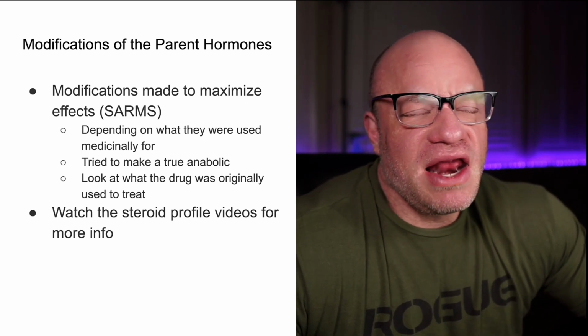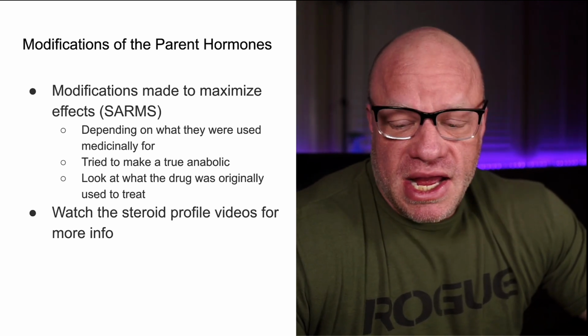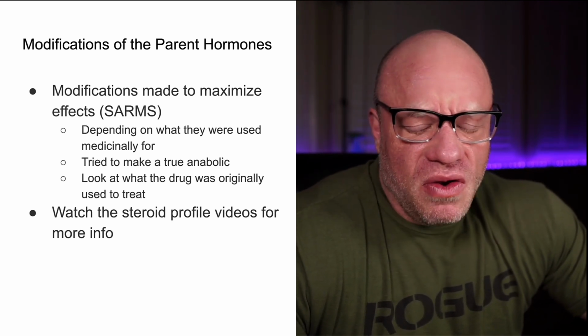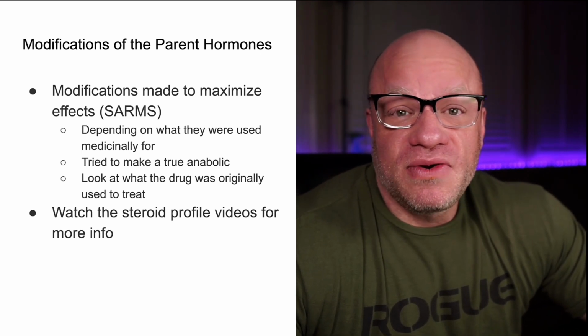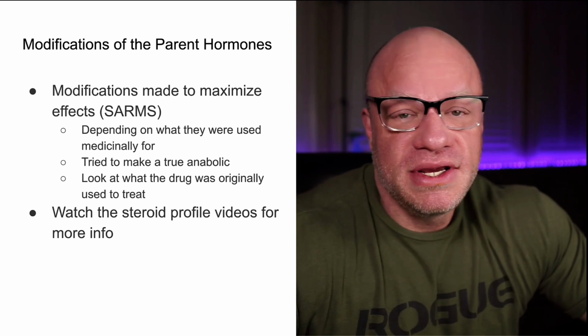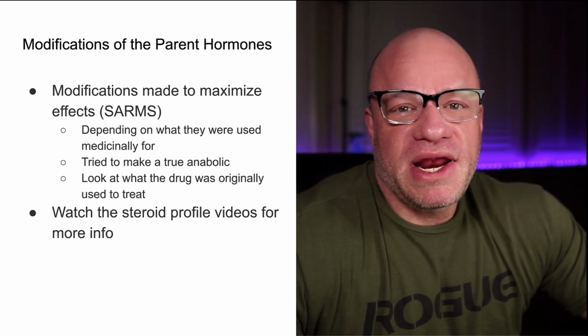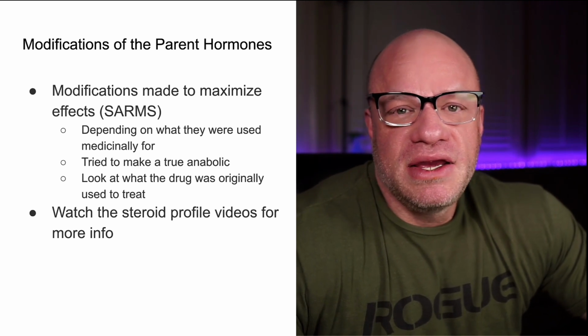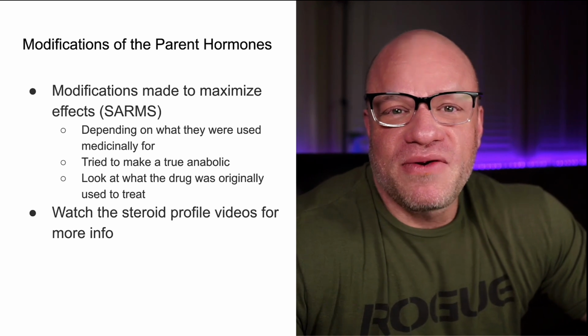Like anavar, if I recall correctly, was used for burn victims. Anadrol was used as a treatment for anemia to increase red blood cell count. So when you are red as a turnip when you're taking anadrol, it's because your red blood cell count is through the roof, your hematocrit's through the roof.